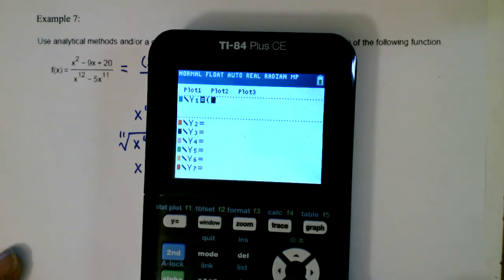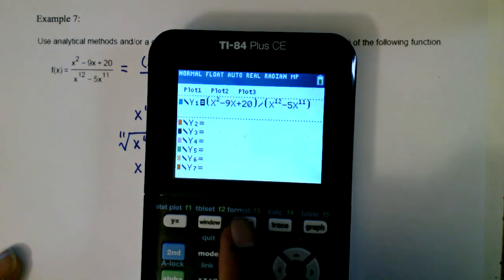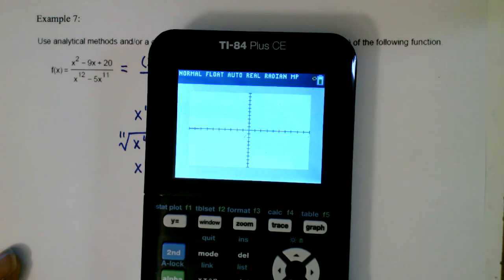Now I do left parentheses x squared minus 9x plus 20, close parentheses, divided by left parentheses x, hit the hat key and then 12, use your right arrow key to get out of it, minus 5x, hat key, 11. Right arrow, close parentheses. Now I'm using the standard window.